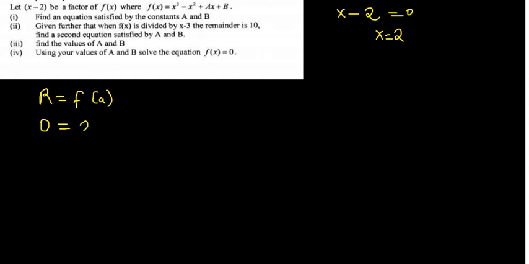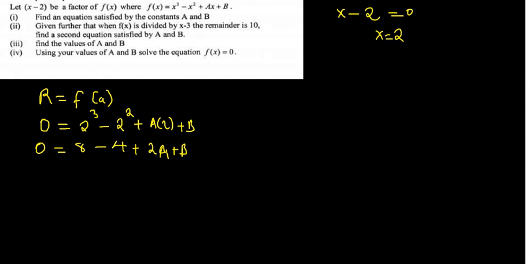So that will be 2 to the power 3 minus 2 to the power 2, and then plus a multiplied by 2, and then plus b. And this is going to give us 0 is equal to 8 minus 4 plus 2a plus b. 8 minus 4 is a 4.